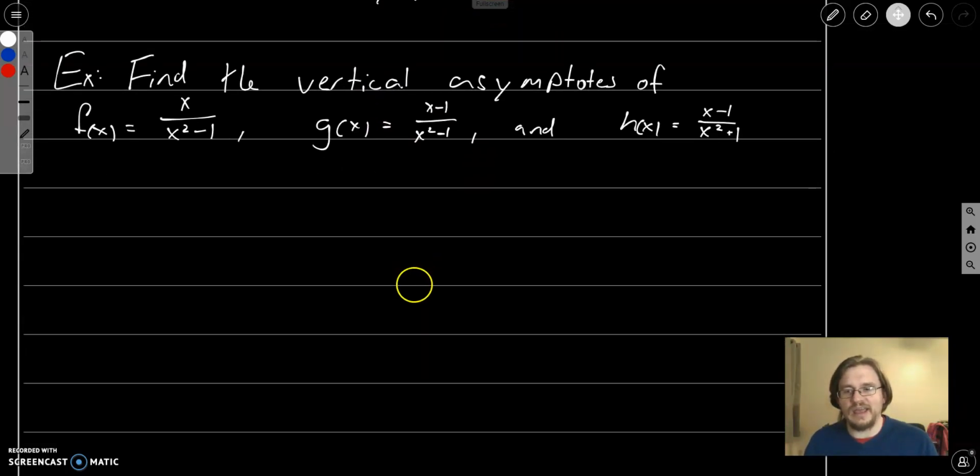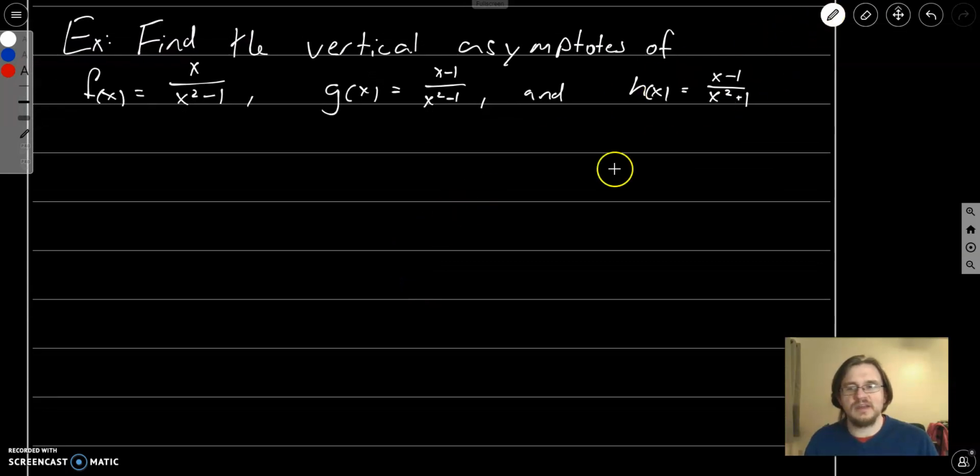So let's look at these guys here. So we'll start with f of x, and this is going to be x divided by x squared minus 1. So we need to make sure that we reduce this function as much as we can. The top x is factored as much as I can.